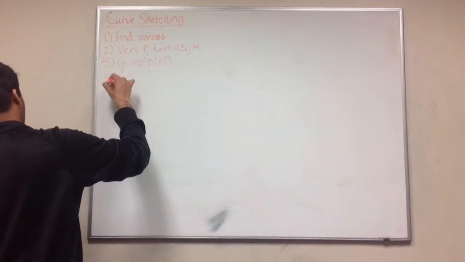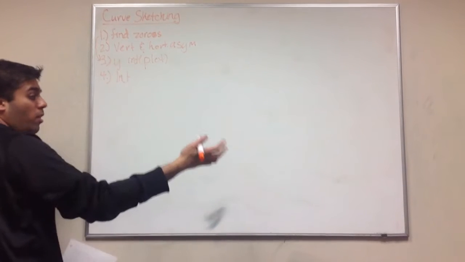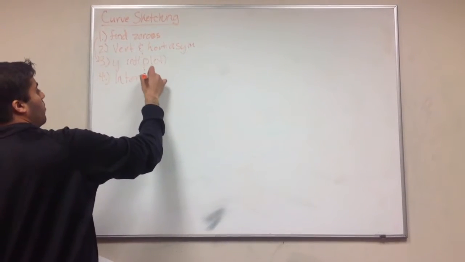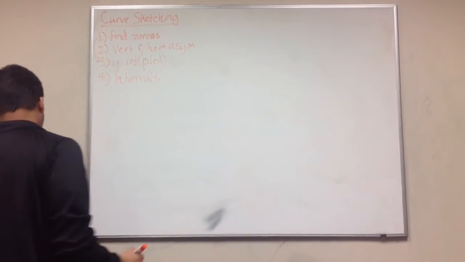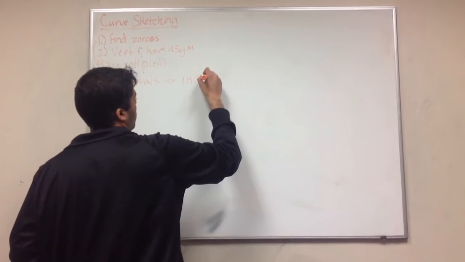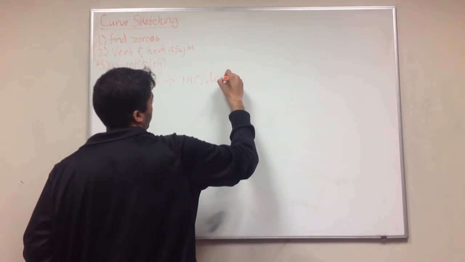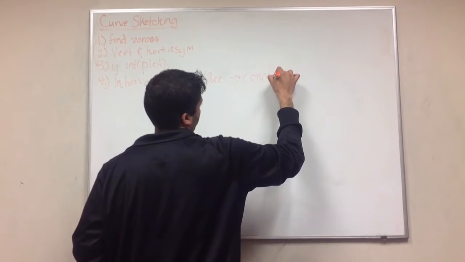Fourth is to find the intervals by plotting them on a table, to determine increasing or decreasing values, as well as if it's concave up or down.